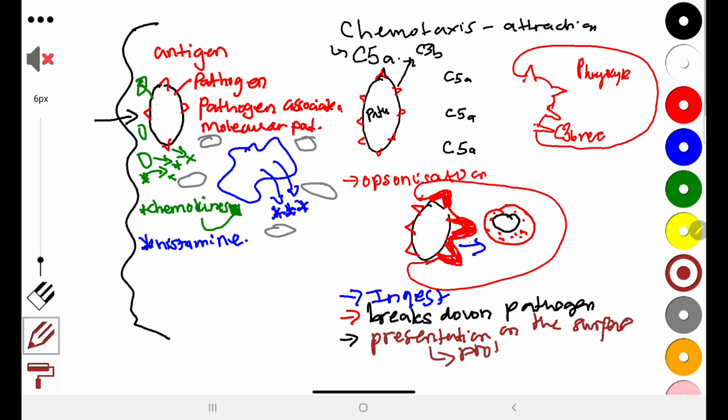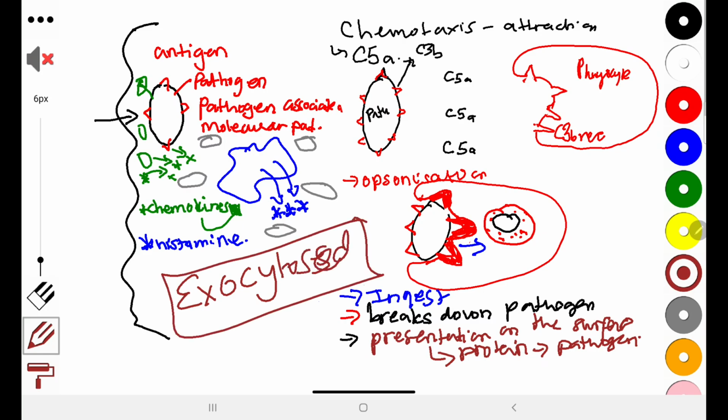The protein of the pathogen. To say, yes, we got rid of this guy, and specifically, this is the guy that we got rid of. And the rest of it is exocytosed. It's taken out.